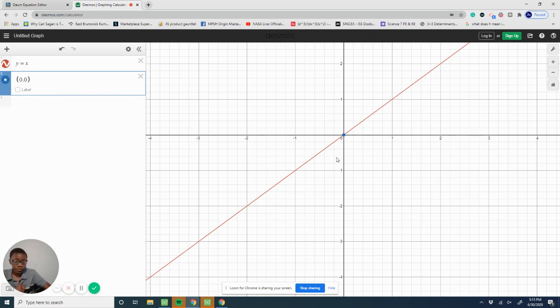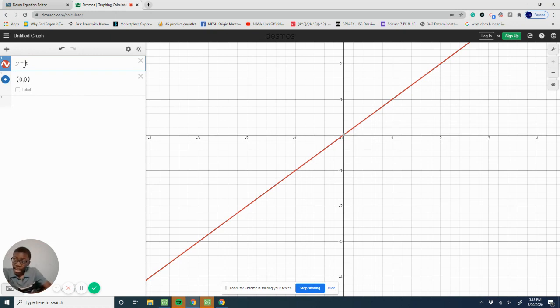Y equals x. Now there's also slope. Every proportional equation goes at a constant rate, or a constant slope, and in this case, the slope is 1. There are multiple ways to determine the slope. Graphically there are 2 ways to do it, and 1 way is by looking at the equation. By now you should know that x is 1x, even though they're not going to want you to write it as 1x.